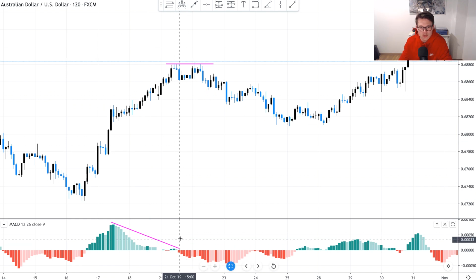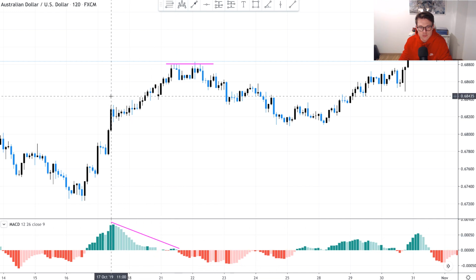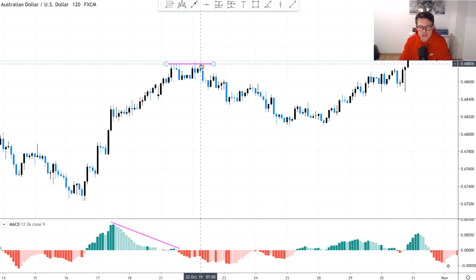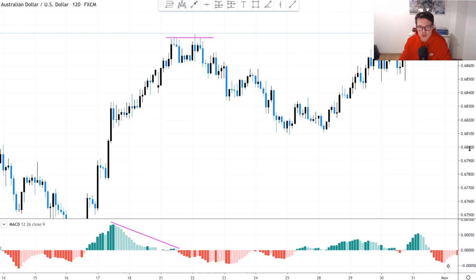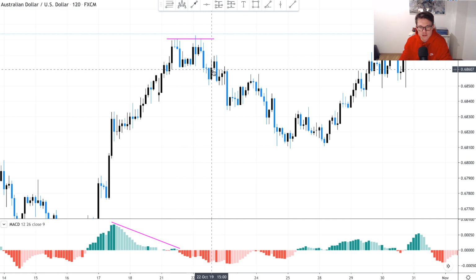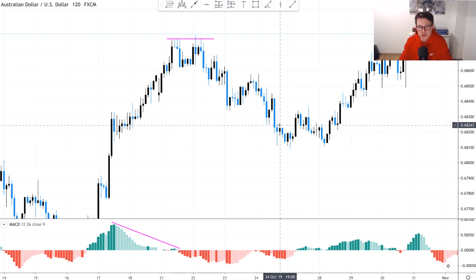So the MACD already shows you that here we don't have any momentum anymore in the market. The market pretty much ever since here slowed down and lost its momentum, and exactly that happened. You can see the market then rolled over and started a new downtrend.